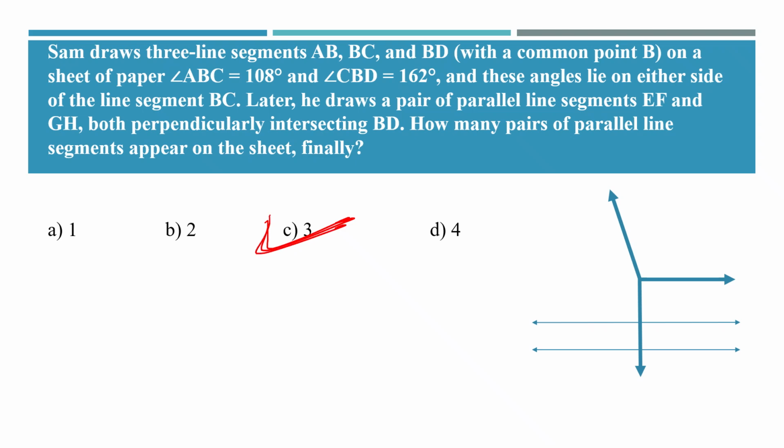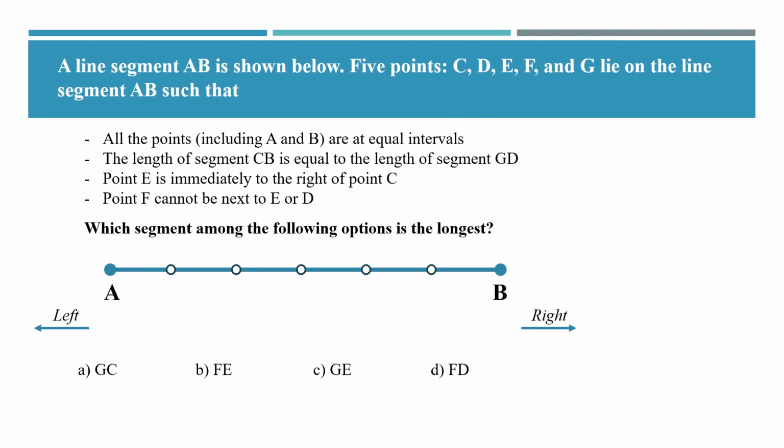Let's move on to the next question, my favorite. A line segment AB is shown below. Five points C, D, E, F, G lie on the same line segment AB such that all the points are at equal intervals. The length of segment CB is equal to the length of GD.